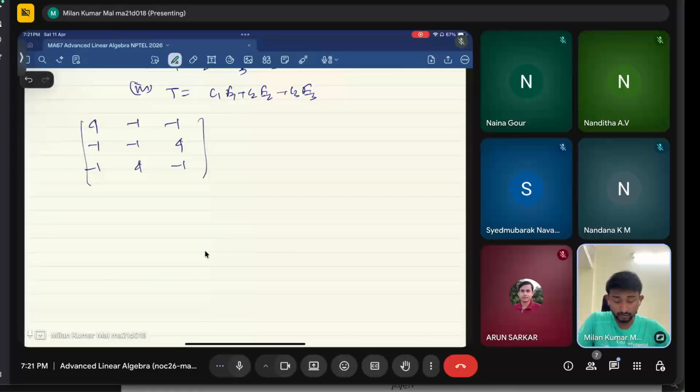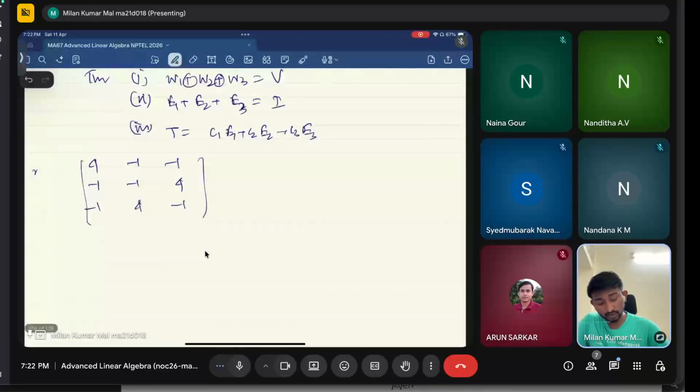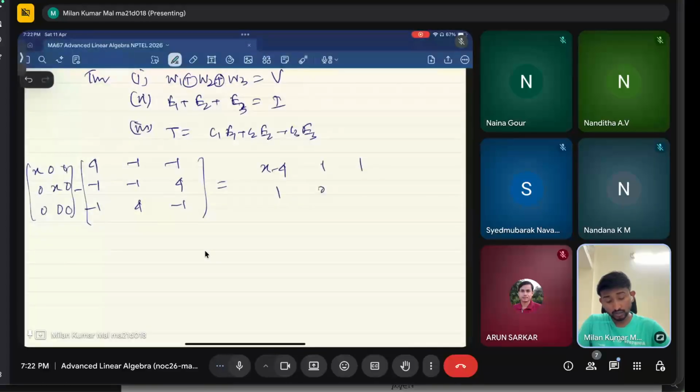The matrix is x minus 4, 1, 1; 1, x minus 4, 1; 1, 1, x minus 4. Yeah, this is what it is.